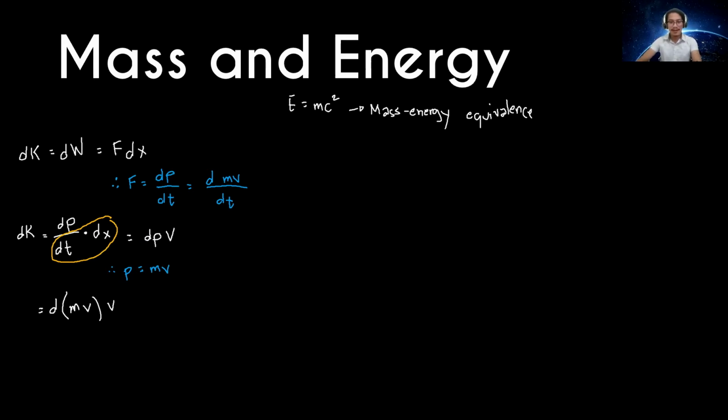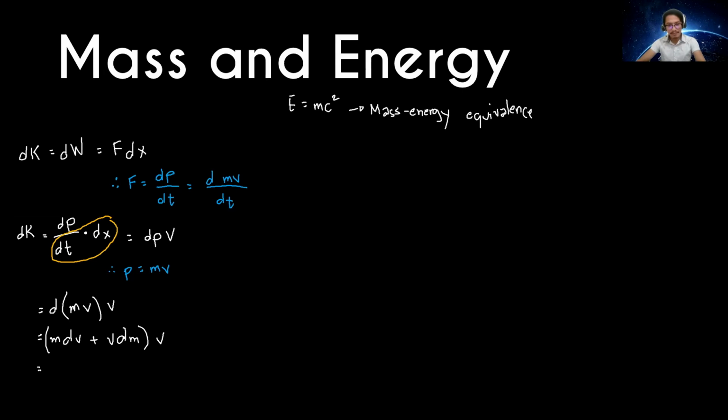Now, this is the product rule for derivatives. So we will use product rule. This will become m dv plus v dm, and then multiplied by v, same v. Okay, now we are going to distribute v to these terms.